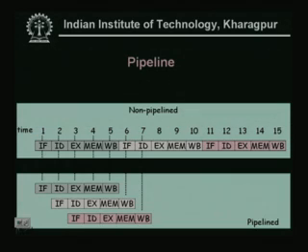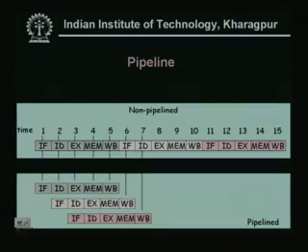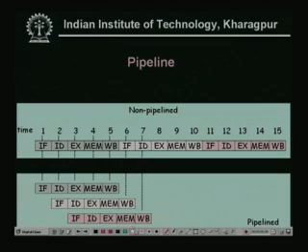Now, in the pipelined concept, the execution of one instruction is partitioned into 5 stages: instruction fetch, instruction decode, execute, memory and write back. For the first instruction, the instruction fetch has been done.